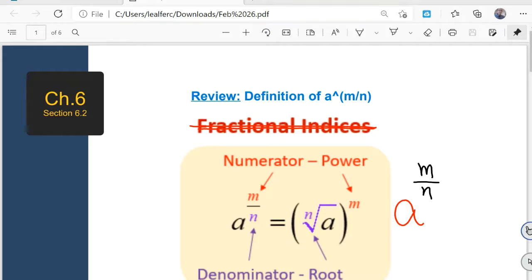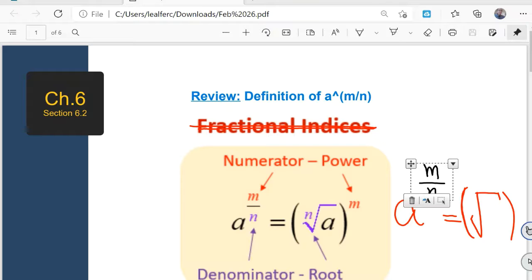And the summary is this. If you have a exponent m over n, you can rewrite it, make it equal to, then write parentheses. Inside the parentheses, you're gonna write a root. The index of this root is the denominator n, and the power outside the parentheses is the numerator m.